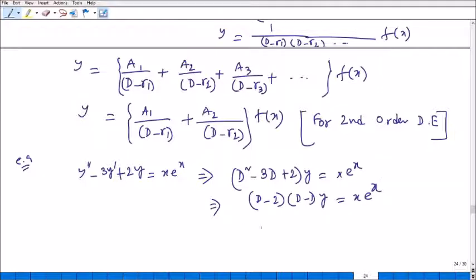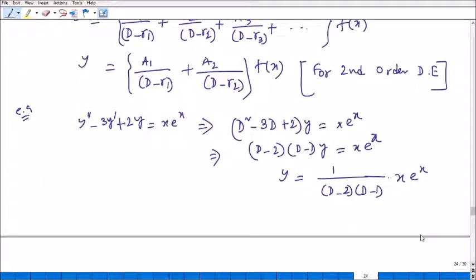So now y equal to 1 by d minus 2 into d minus 1 operating on x e to the power x. Here this term actually can be written in partial fractions. 1 by d minus 2 d minus 1 is equal to 1 by d minus 1 minus 1 by d minus 2.